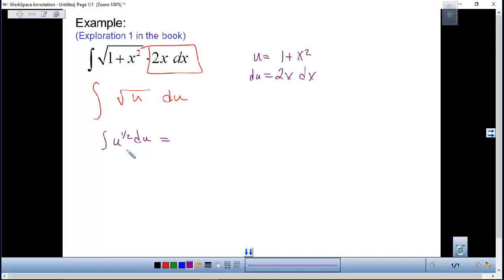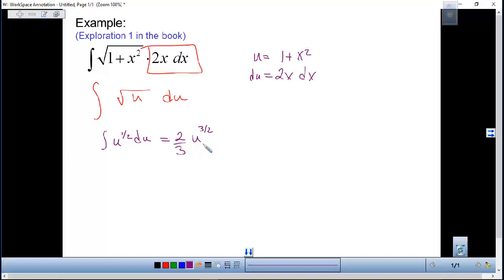So now all we have to do is the power rule, which means we increase the exponent by 1, so it's going to be 3/2. And then I have to divide by that number. Dividing by 3/2 is the same as multiplying by the reciprocal, which is 2/3.